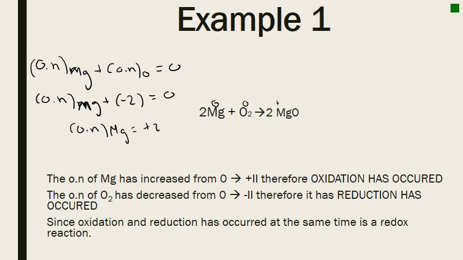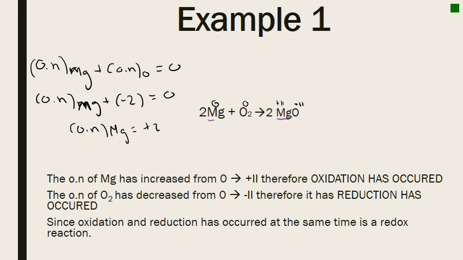Normally we write oxidation numbers in Roman numerals, and the oxidation number of oxygen we already know, which is -2. Now look what's happened here. We look at Mg specifically, Mg here before in the reactants, and then we look at the products.